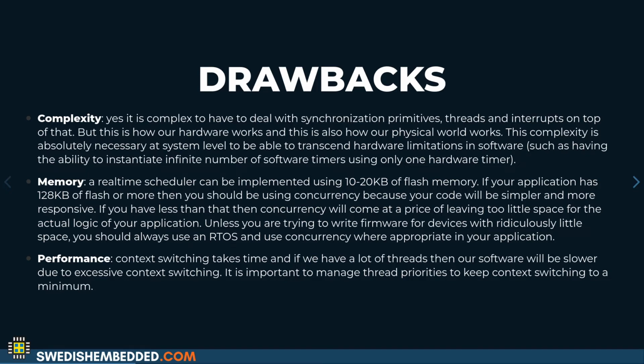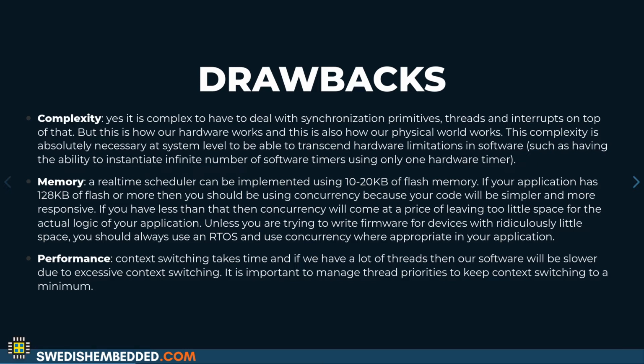Number two is the memory consumption. Concurrency always comes with a memory overhead, and even though this memory overhead usually is quite small, it's still a memory overhead that comes in addition to all the other variables that you have in your software. If we look at a very simple scheduler like the Zephyr RTOS, we can get away with about 15 kilobytes of flash for the most basic scheduler, and also some data memory as well.